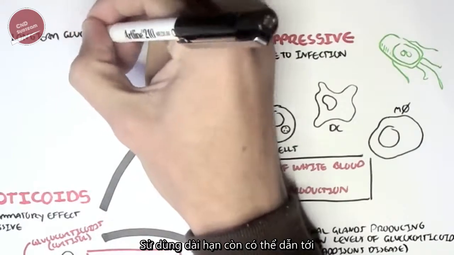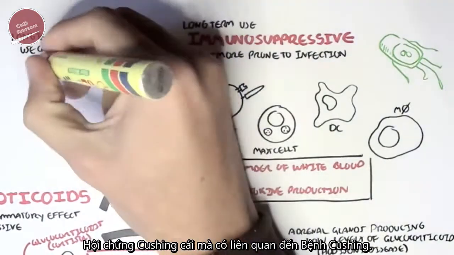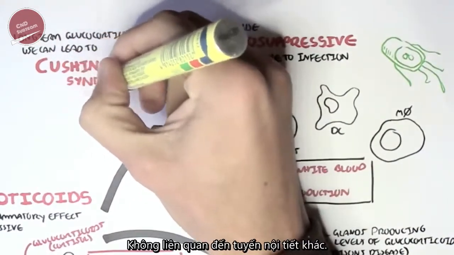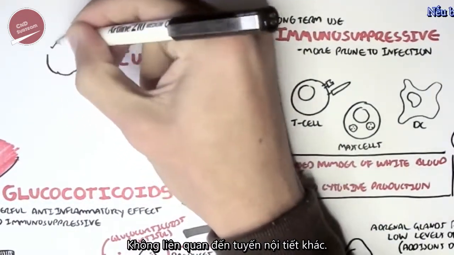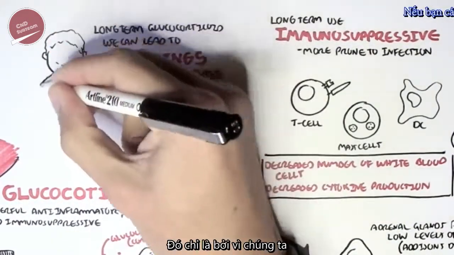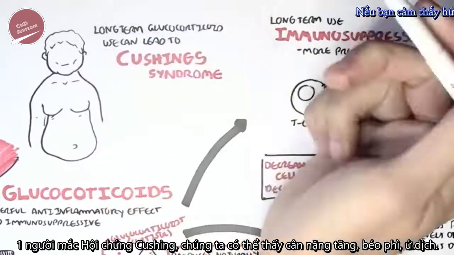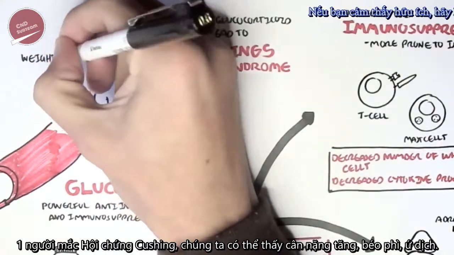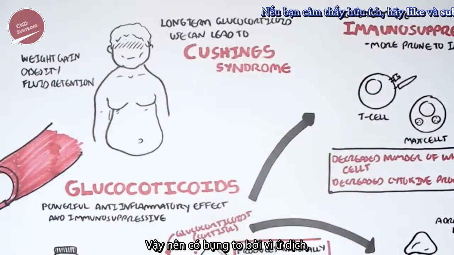Long-term use can also lead to Cushing's syndrome, which is related to Cushing's disease. However, Cushing's syndrome is unrelated to the other endocrine glands. It's just because we use too much glucocorticoid. In a person suffering from Cushing's syndrome, we would see weight gain, obesity, and fluid retention, and so you have this sort of big gut because of the fluid retention.